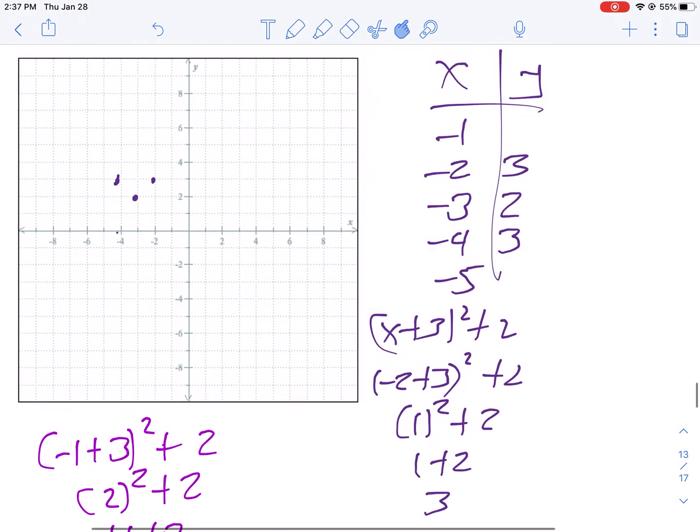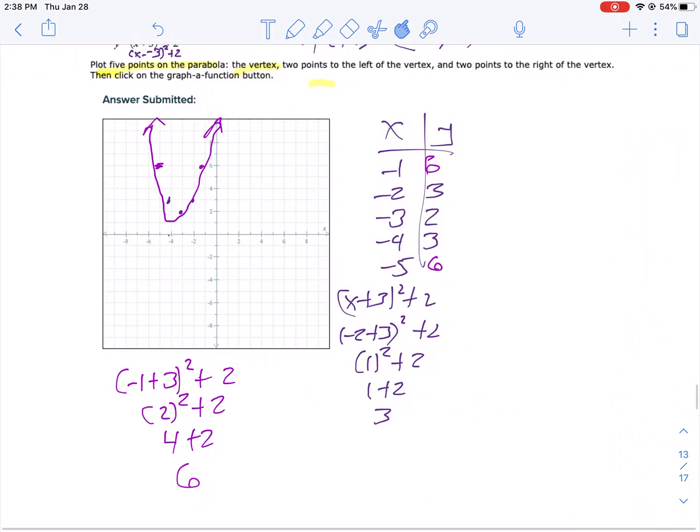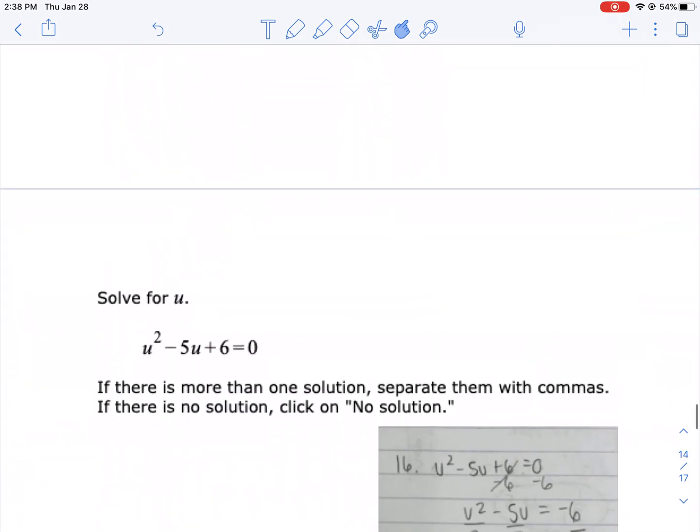At negative 1 I'm at 6, and at negative 5 I'm at 6. And on Alex, you can just click on the curve, but I'm going to draw it by hand here. So we know it's U-shaped, and it goes through your vertex.